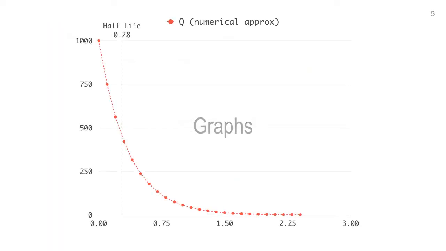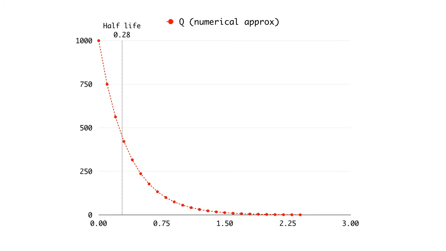So let's get to the graphs. Here's the first graph, and hopefully it looks fairly nice in Microsoft Excel. I don't make any promises, but hopefully it'll look something like this. This is the numerical approximation, and we start up at 1,000.